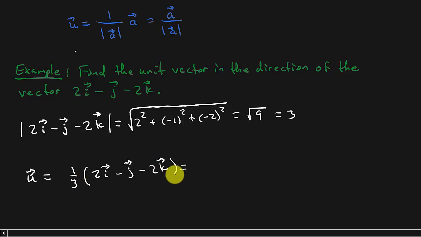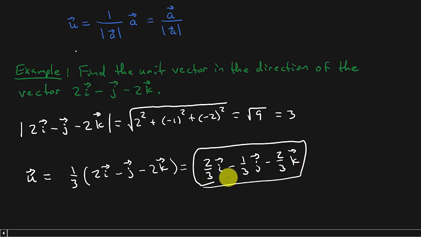And so we just distribute the 1/3. That's going to be 2/3 times vector i minus 1/3 times vector j minus 2/3 times vector k. And this would be your unit vector that has the same direction as that vector.